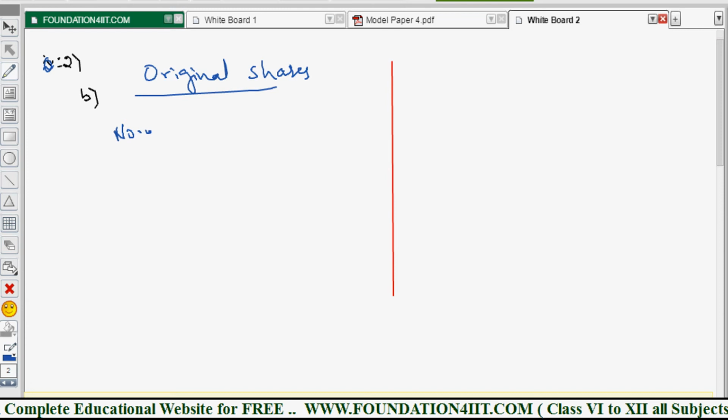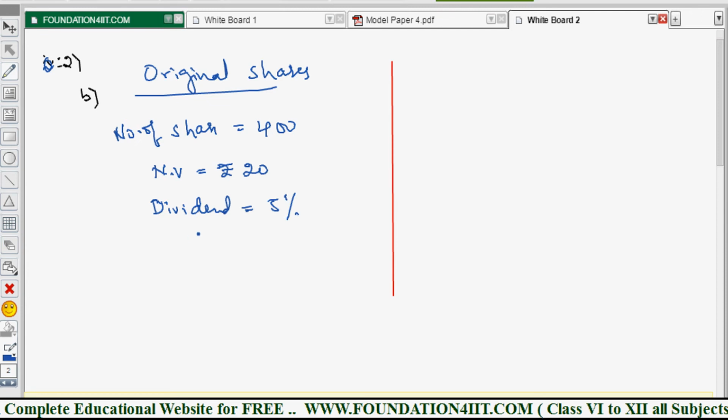The number of shares is given in the question, that is 400, and the nominal value is 20 rupees. The nominal value of one share is rupees 20, and the dividend is given. So the dividend is equal to 5%.